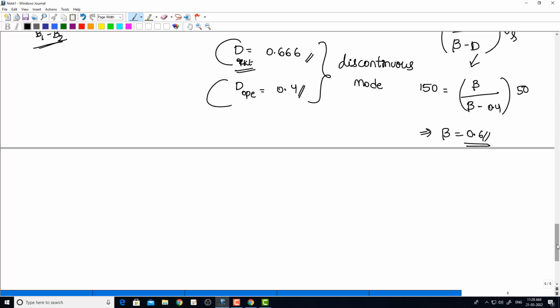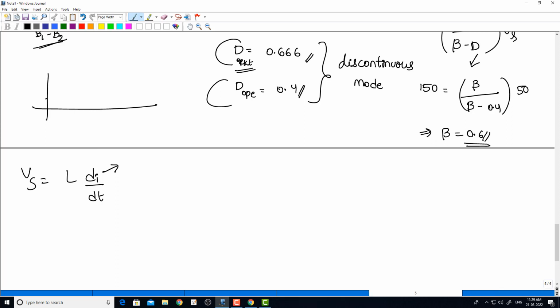Now we need to find the value of delta I. Vs is equal to L into di by dt. Here di means delta I, the difference of the maximum and the minimum current flowing through the inductor. The inductor is charging during the on period, and then it is discharging during the off period.